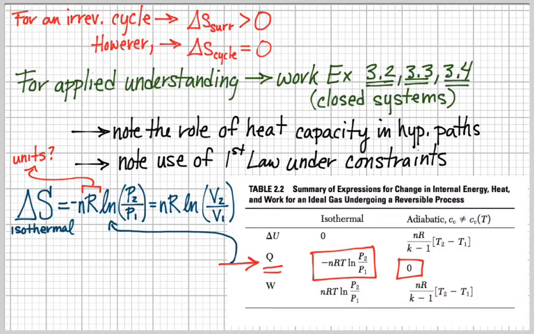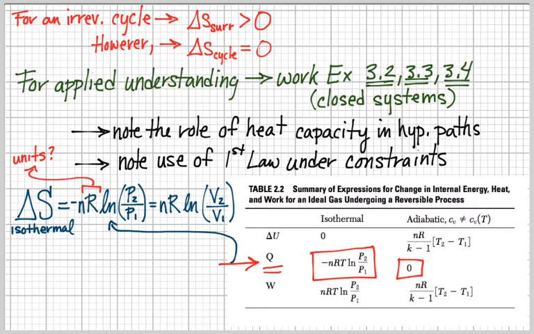Look right next to that equation, you'll see that we've got positive nR natural log V2 over V1. And that's because there's a reciprocal relationship between pressure and volume. When pressure goes up in a chamber, the volume goes down.